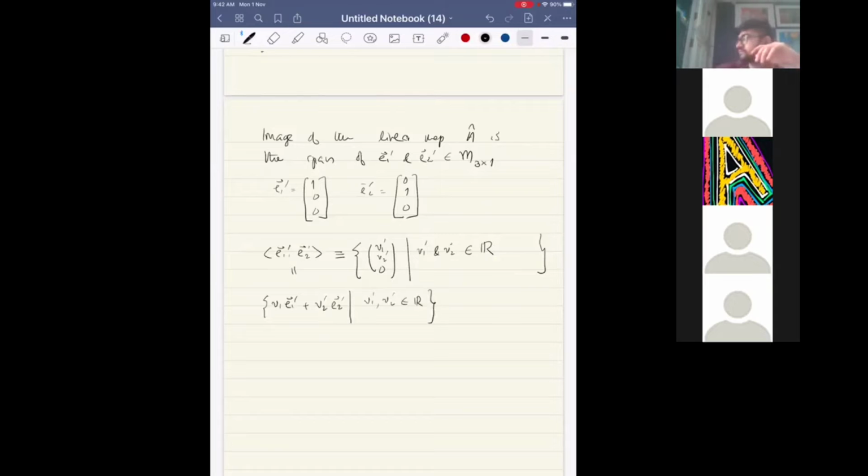I'm sorry to be denoting this V1 prime, V2 prime, but this is the convention in the notes. The convention in the notes, which I try to be consistent with, is that a vector has an arrow on top and its components are V1, V2, whatever is the length of the vector.